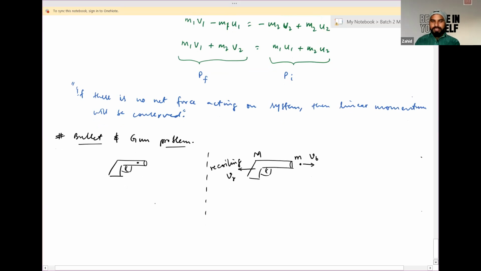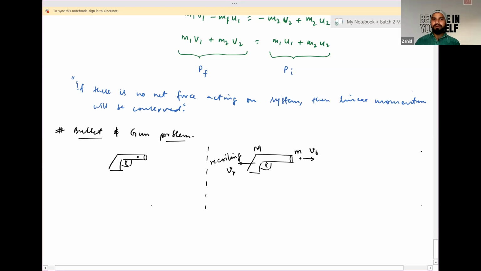So using conservation of linear momentum, since there is no impact from anything from outside, total linear momentum before firing and total linear momentum after firing should be equal. Before firing, mass of gun and its velocity, mass of bullet and its velocity. After firing, mass of gun, velocity of recoiling, mass of bullet and velocity of bullet should be equal.